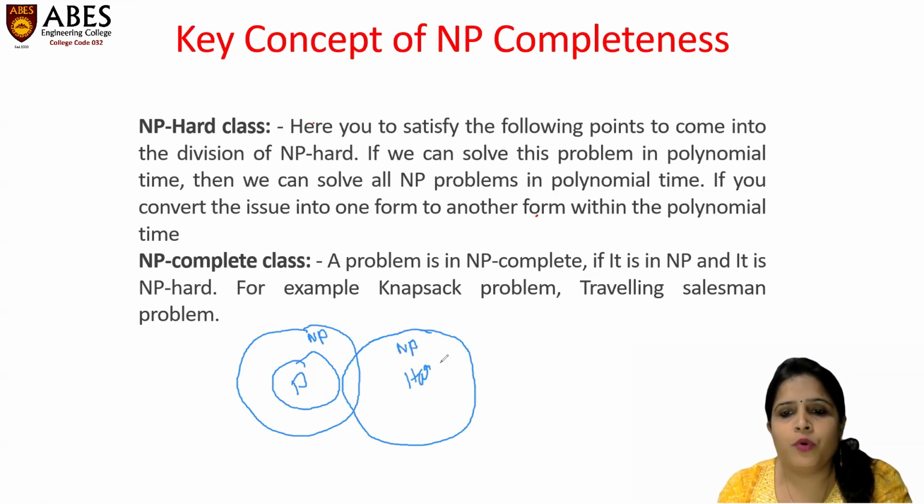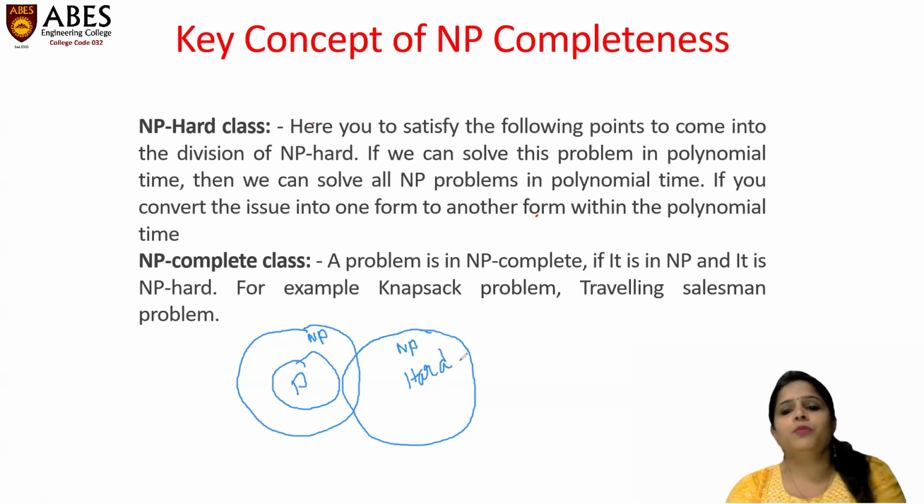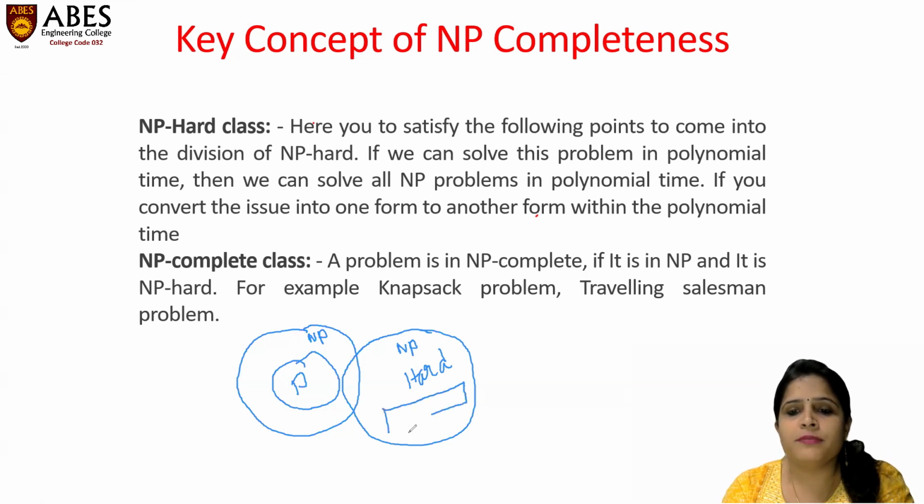All the non-polynomial kinds of algorithms or approaches come in the category of NP hard problems. NP hard are those problems which basically use a non-deterministic approach to find a solution of a given problem.